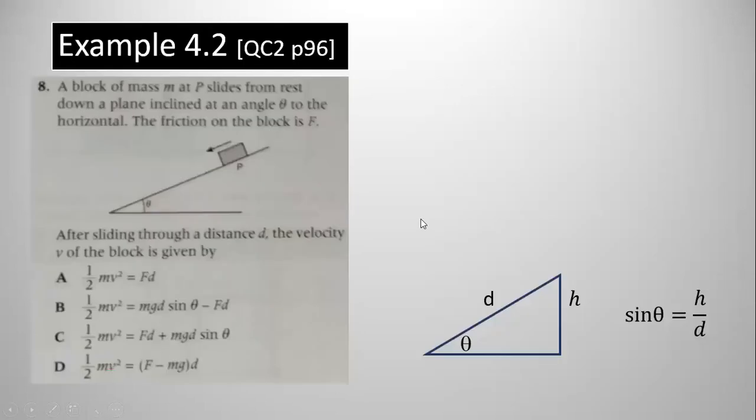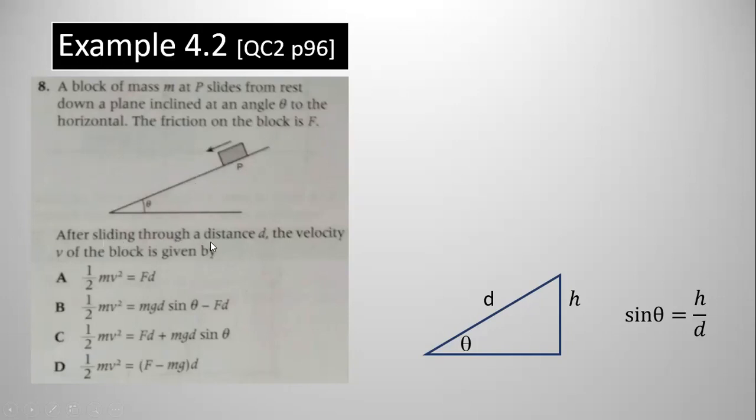Okay, so let's try this equation. Example 4.2, quick check 2, page 96. A block of mass M at P slides from rest down a plane inclined at an angle theta. The friction on the block is F. That's your friction.